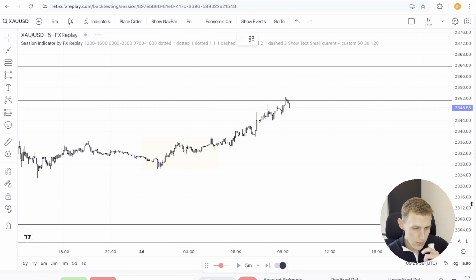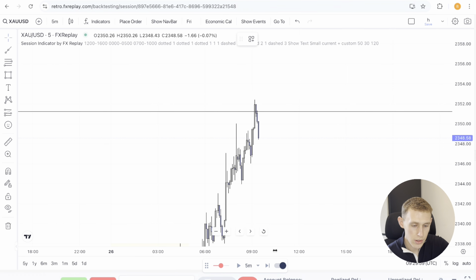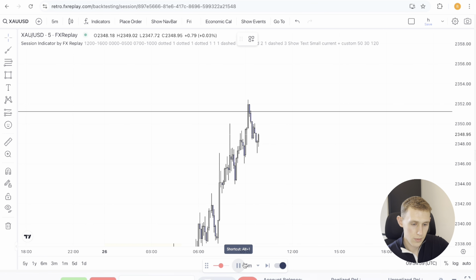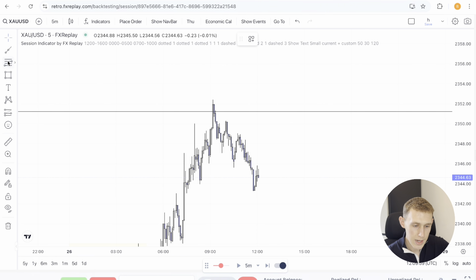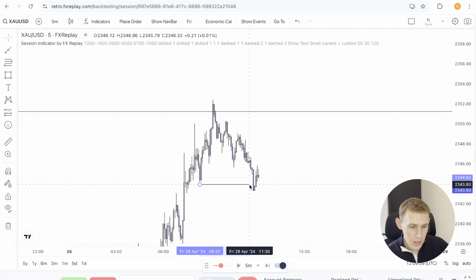Looking at the M5 current structure, we need to see this broken first of all. There we go. So that's what I was waiting for. Valid M5 change of character after we swept some highs into supply.